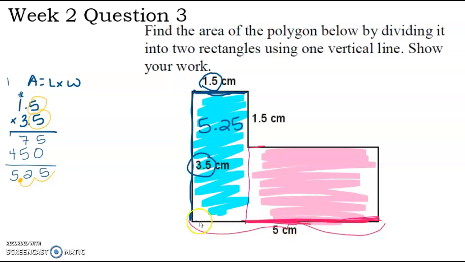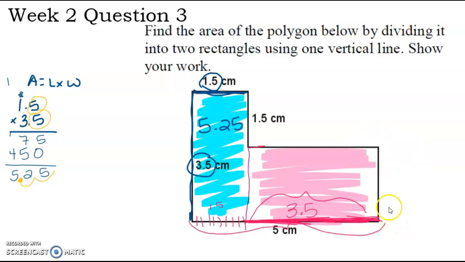So I need to subtract whatever this portion is in order to find just this. I know the whole thing is 5, and based on this number, because it's directly across from it, this has got to be 1.5. So I'm going to take 1.5 away from 5. That gives me 3.5. So just this portion of this side is 3.5.